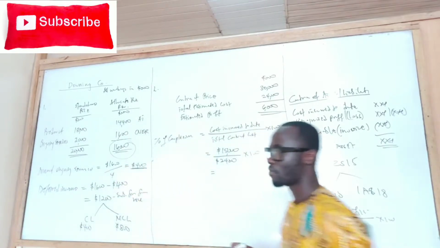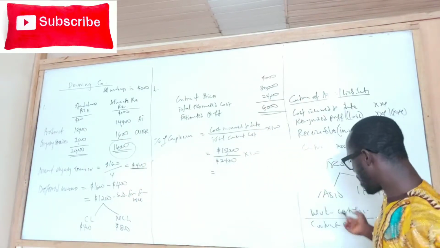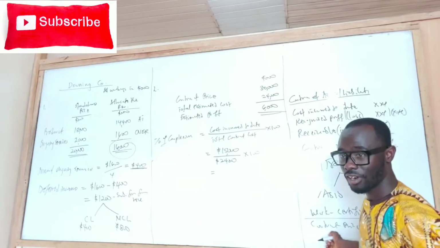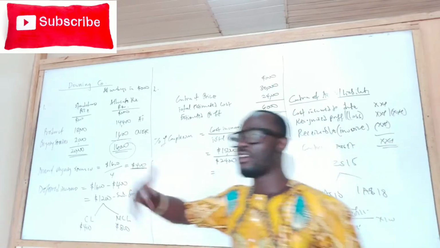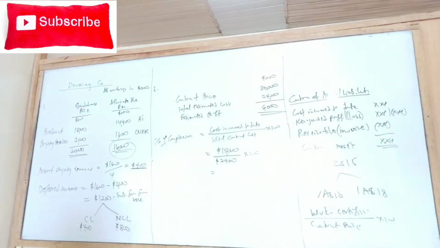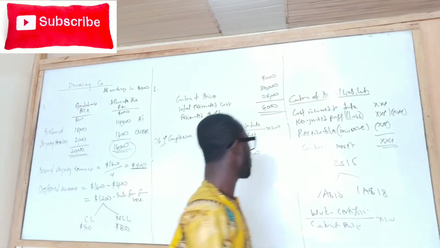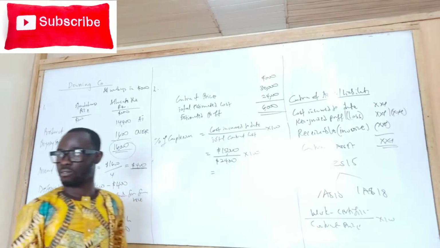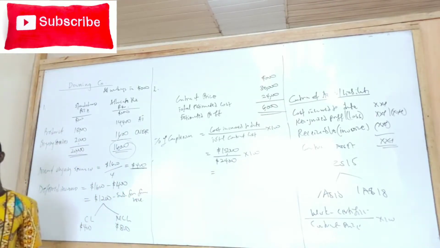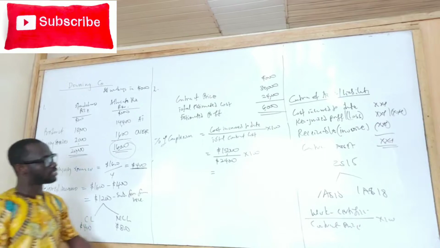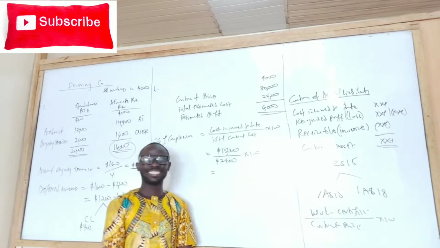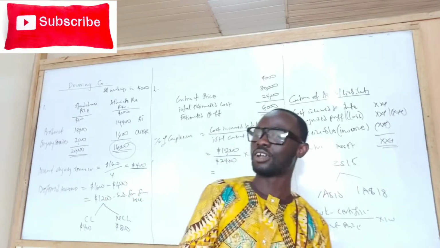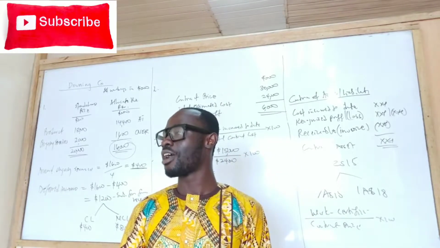The output method is work certified to date over contract price. Total contract revenue and the contract price are the same thing. It's just about wordings. If you check your notes, we made a reference to these things. On the input method, it's cost incurred to date over total estimated cost, which is the same as total contract cost. Do you get the idea?